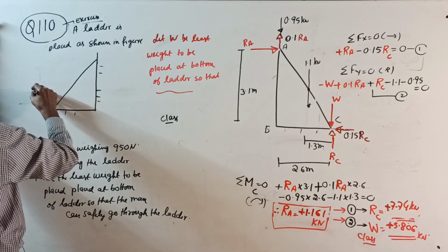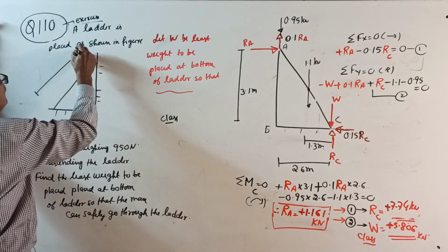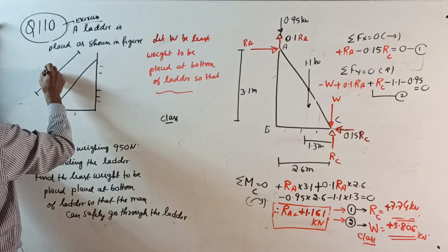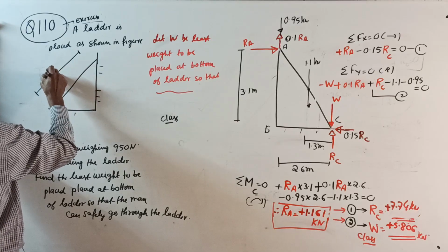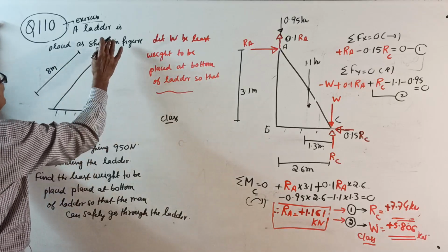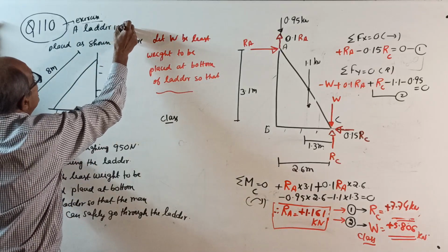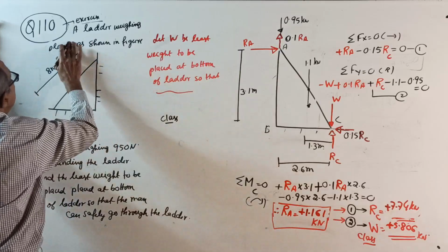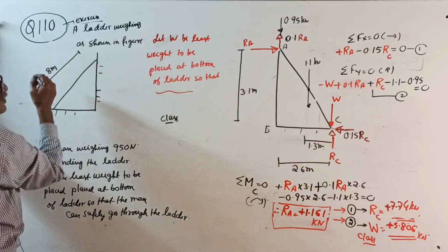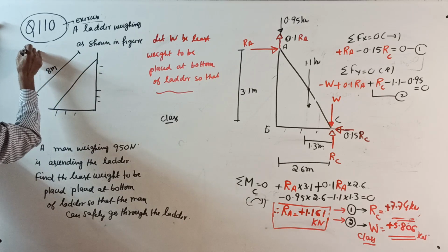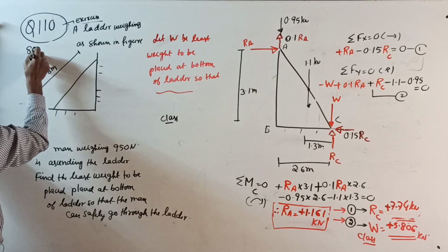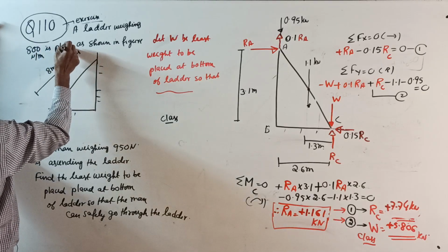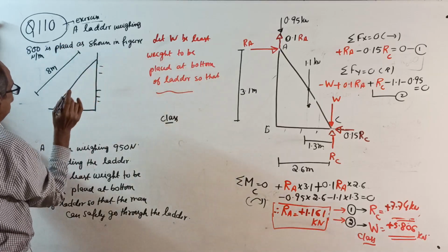What I will do is give the length of the ladder. Length of the ladder is say 8 meter. A ladder weighing 800 Newton per meter is placed as shown in the figure.